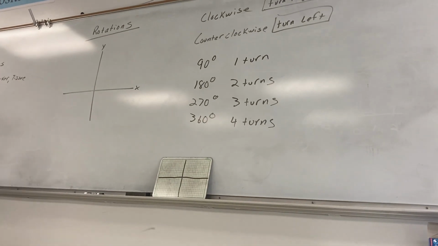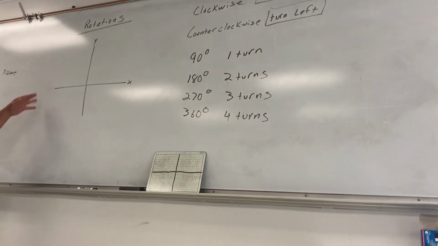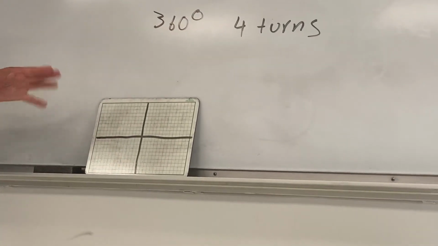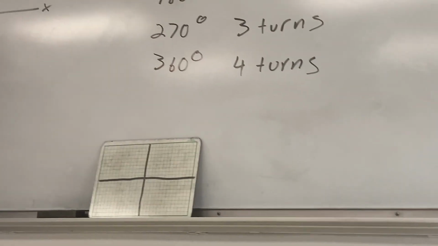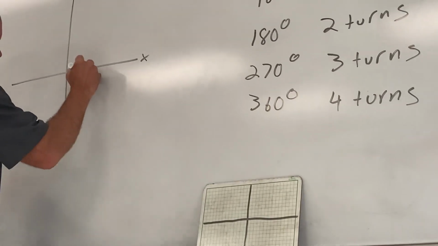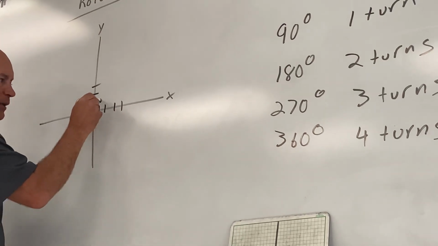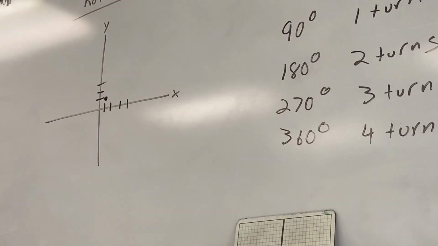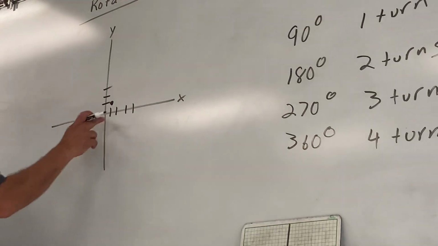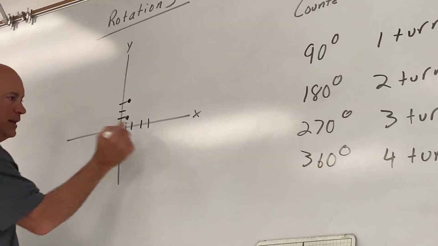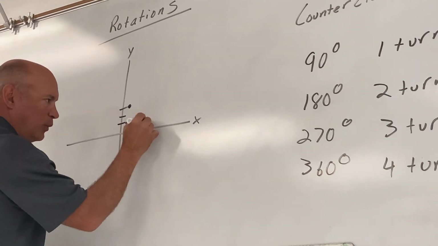All right, I'm going to put a picture up here on the board. I want you to put the points on your graph, and then we'll rotate it in just a second. Let's start with something simple. Let's put a point right here at 1, 1. Let's put a point right here at 1, 3. And let's put another point over here at 4, 1.